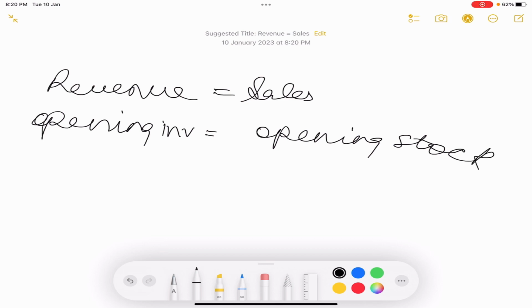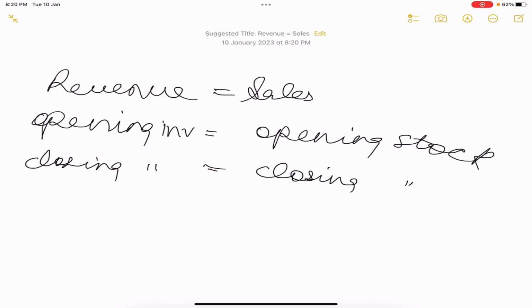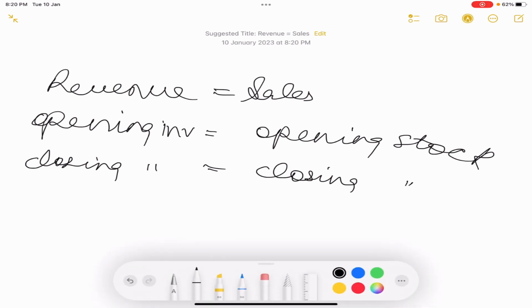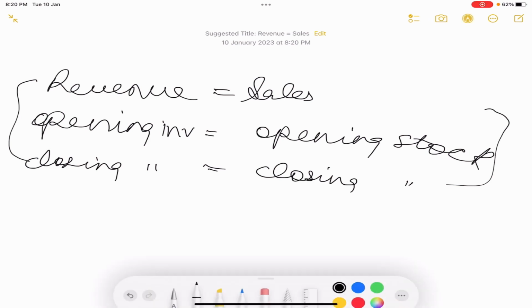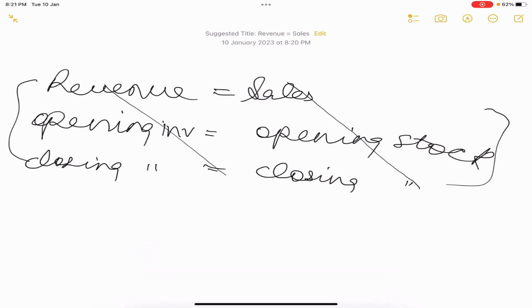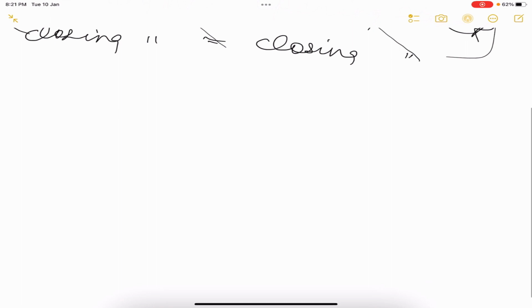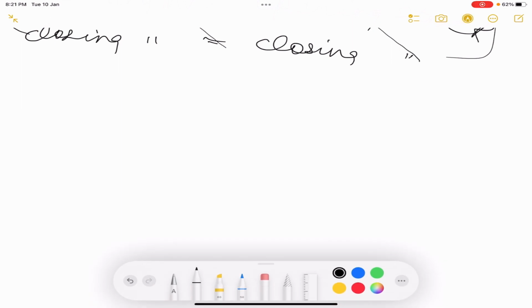Please make a note of the formulas as well. And closing inventory means closing stock. These are one and the same thing. Maybe before we do inventory, let's first start with the sales. Just ignore this. We will do inventory after we finish the discounts chapter.